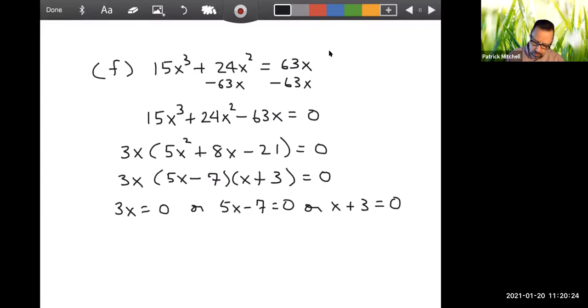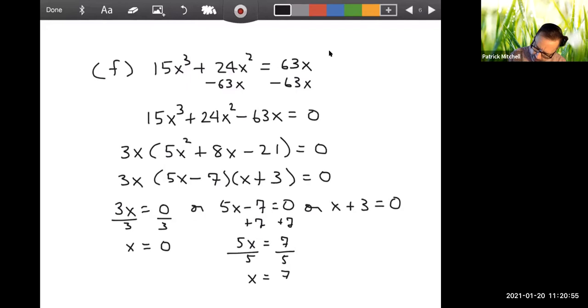If 3x equals 0, that must mean that x is 0. So my favorite number 0 is one of the solutions to this equation. That one's really easy to check, right? If you look at the original equation, it would just make it say 0 plus 0 equals 0. If 5x minus 7 is 0, that must mean that x is 7/5.